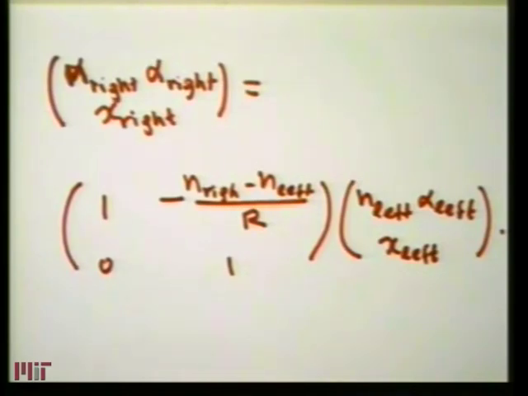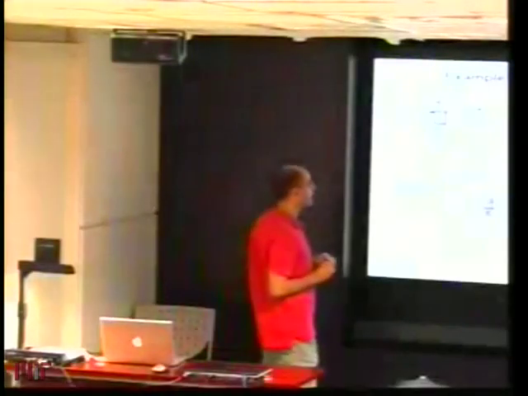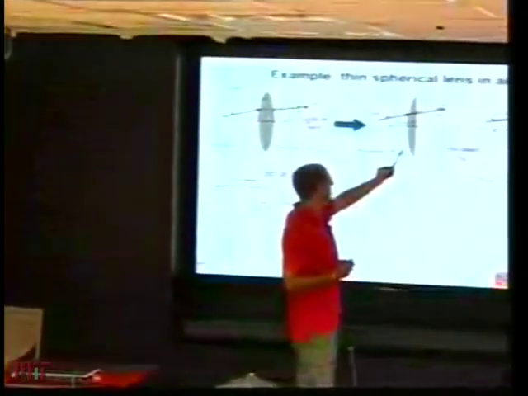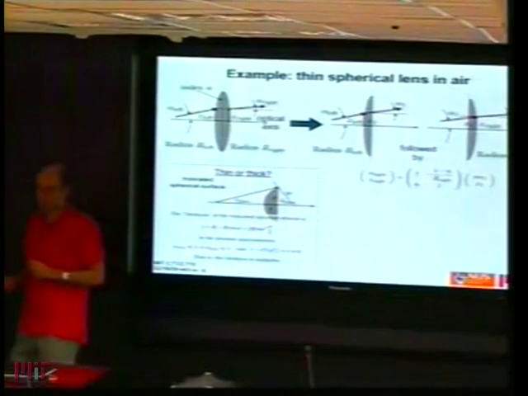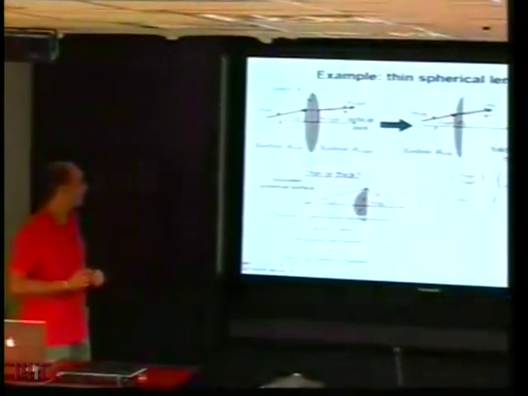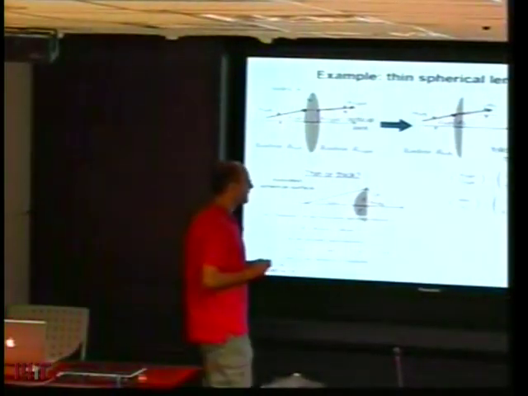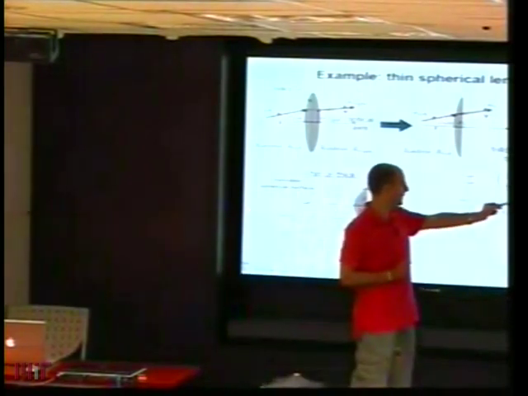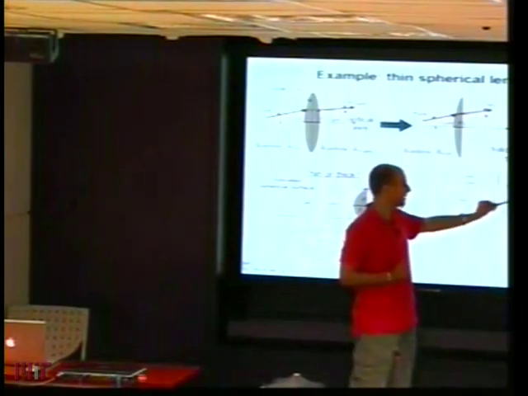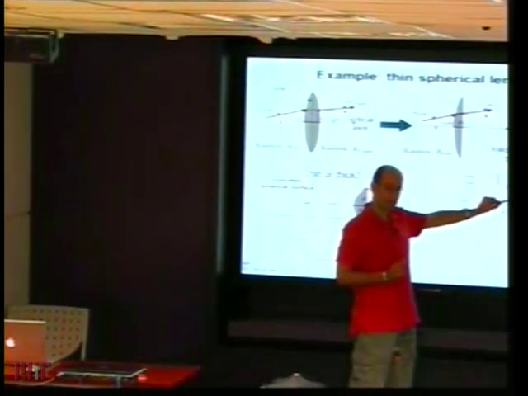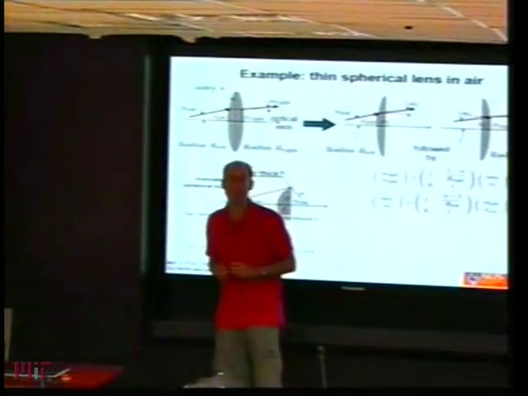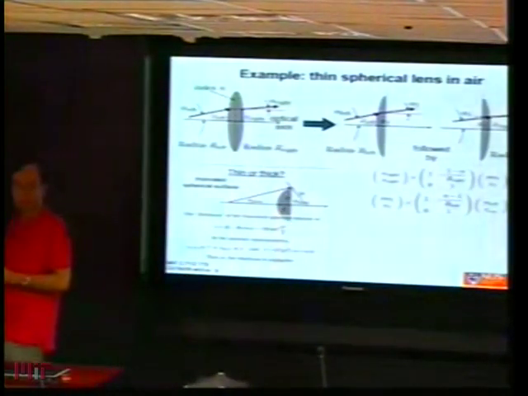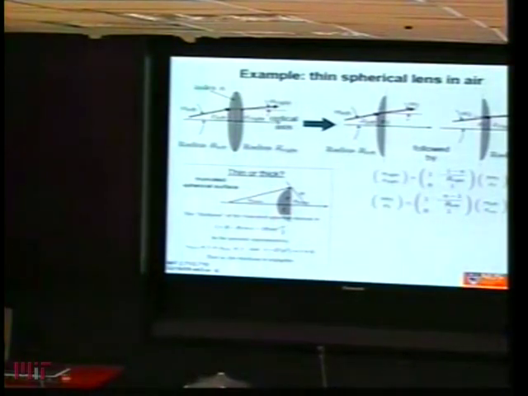Now I will apply the same rule on the first interface, and if I do, I get this equation. Notice that in the numerator of the element in the first row, second column, the quantities are reversed, because now n to the right is the index of refraction of glass, whereas n to the left is the index of refraction of air, that is 1. So therefore I get this matrix.